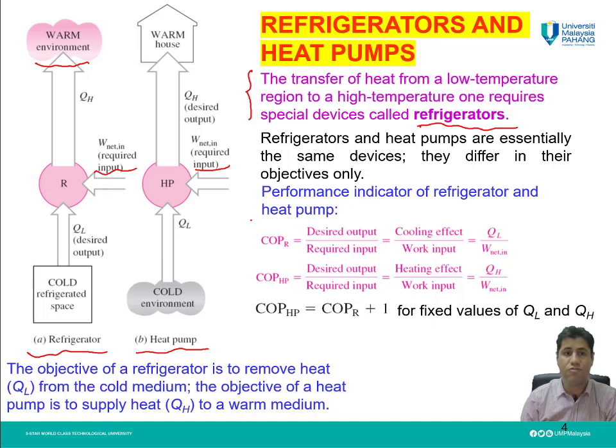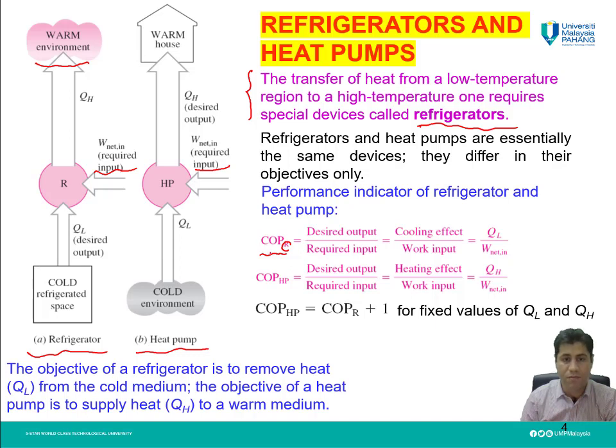To evaluate these devices, refrigerators or heat pumps, we use the COP, or coefficient of performance, for both of these devices. COP sub R is the coefficient of performance for a refrigerator, and COP sub HP is the coefficient of performance for a heat pump.